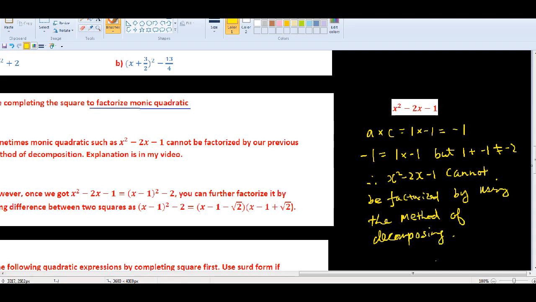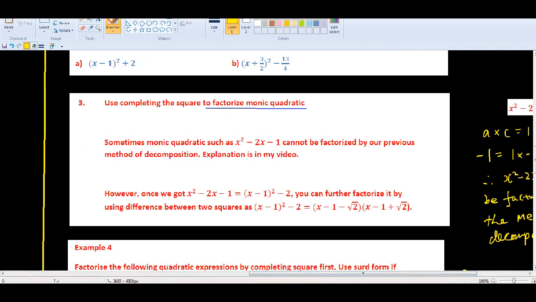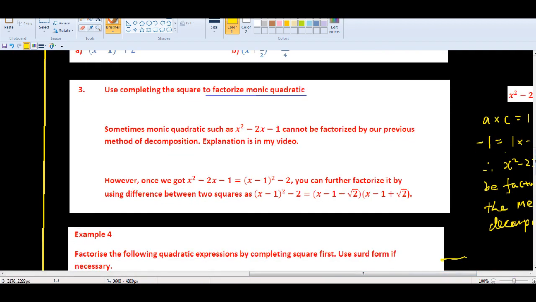That method means you need to decompose the middle term into two terms, but now it's impossible. So sometimes our previous method doesn't work. But if we still need to factorize this, what can we do? We can use completing square.